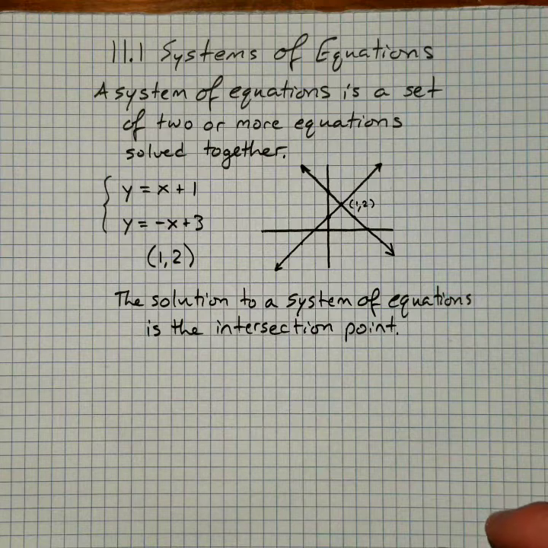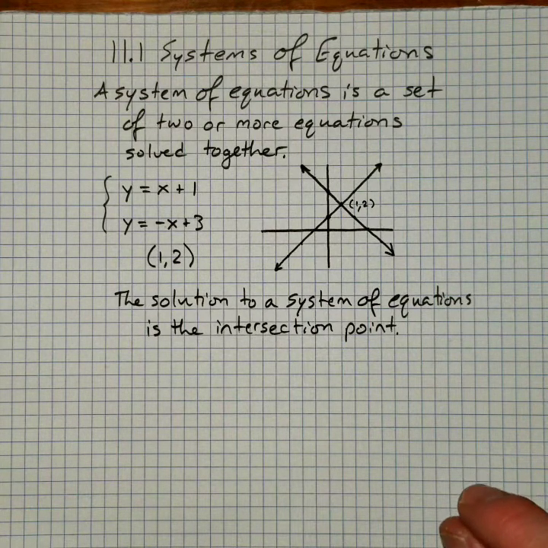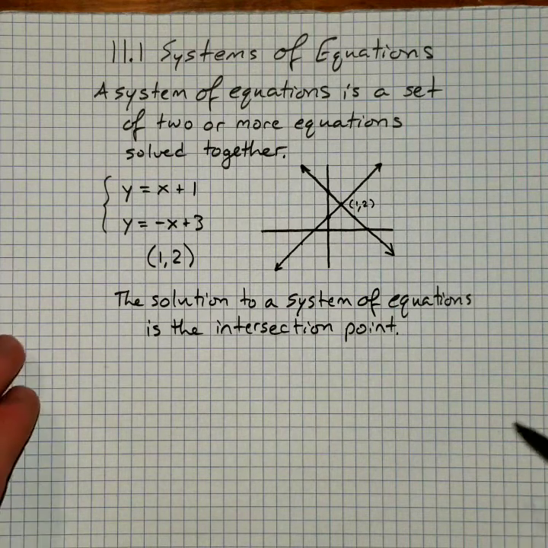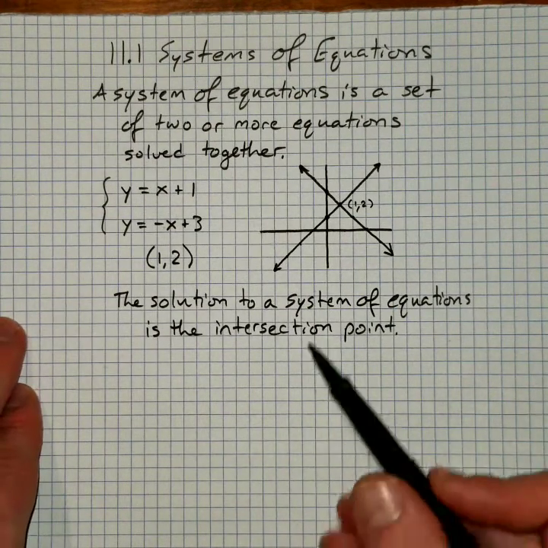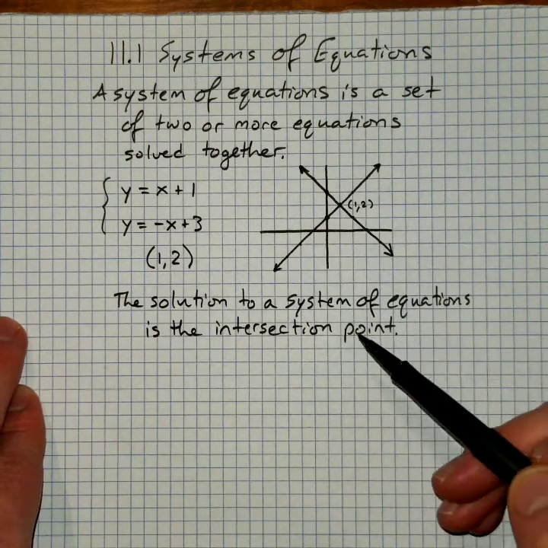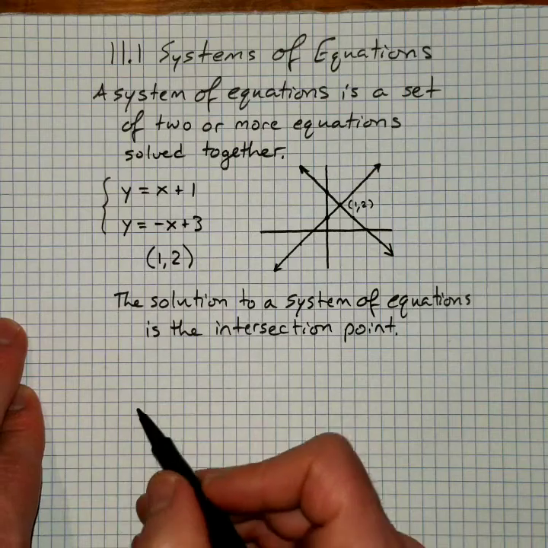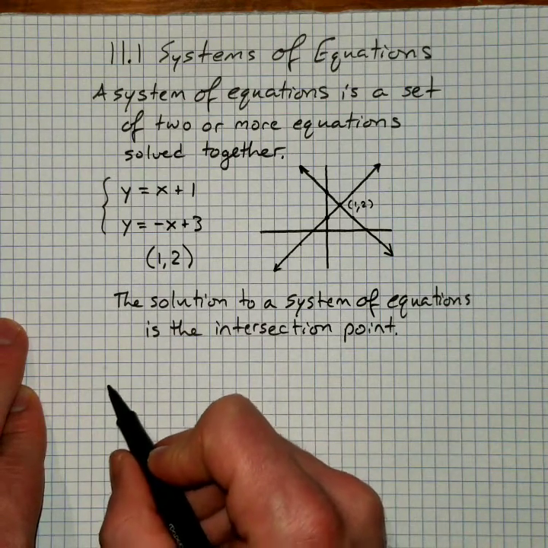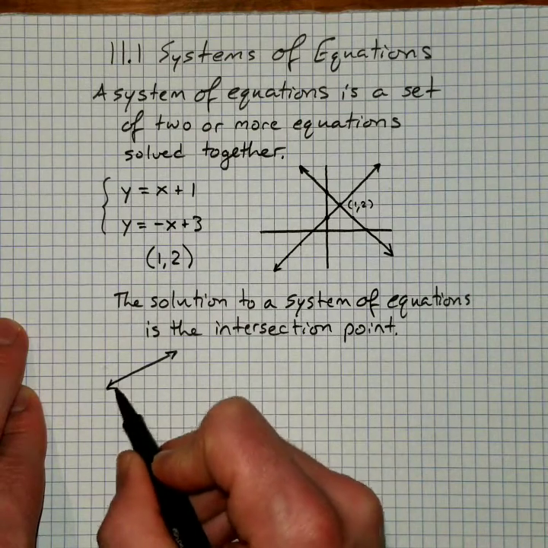Now, we saw a bunch of examples of that on Thursday, but what we didn't see were some other situations where the graphs don't intersect in the same way. Most of what we will see are graphs that intersect at one point. But you can also have other scenarios like this one where you have two parallel lines.